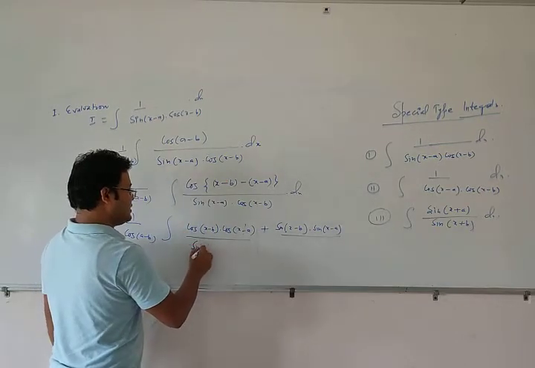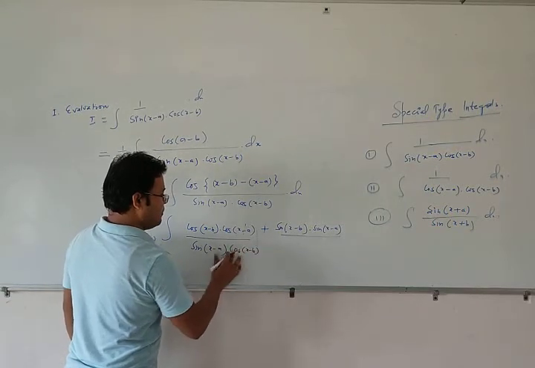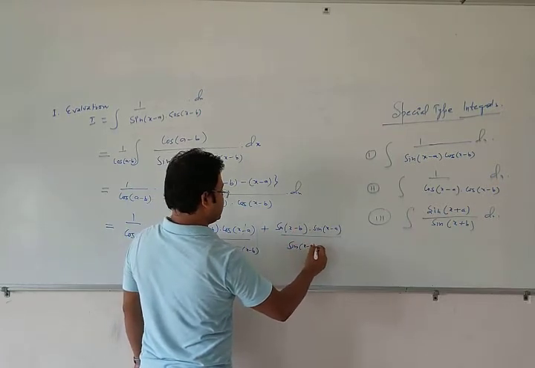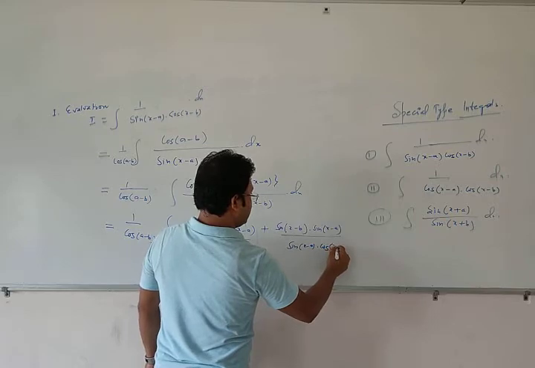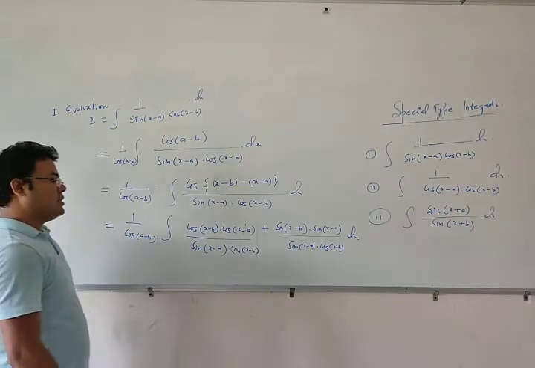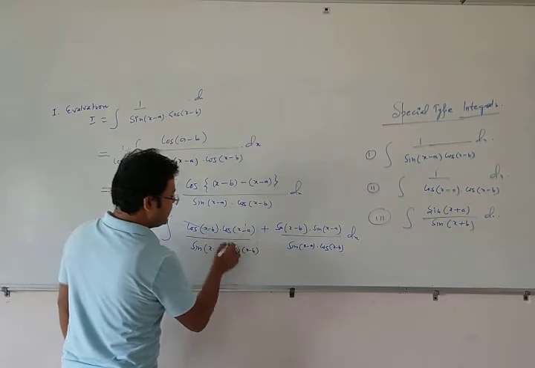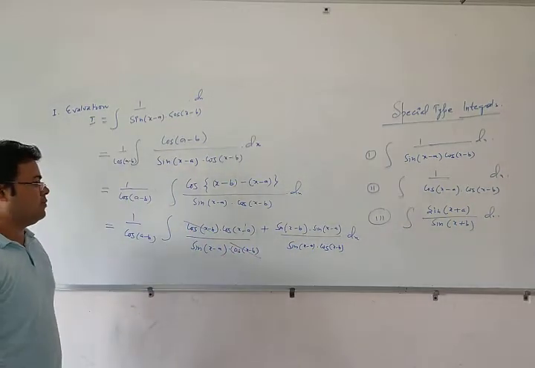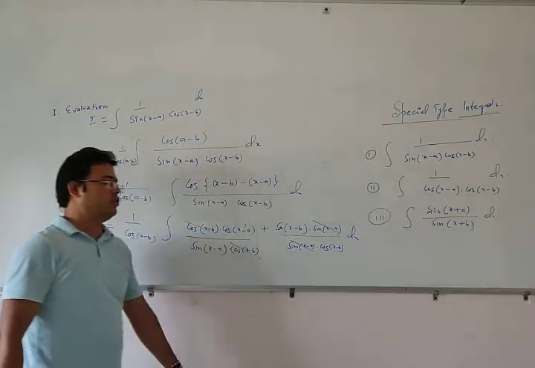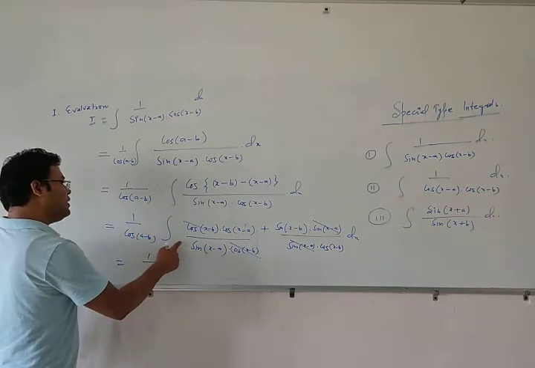So we can write sin(x minus a) cos(x minus b) in the denominator. You can see some terms are common in the numerator and denominator, so you can easily cancel them out. Here sin(x minus a) is common, so we can cancel out this term, and the remaining term is written in the integral.